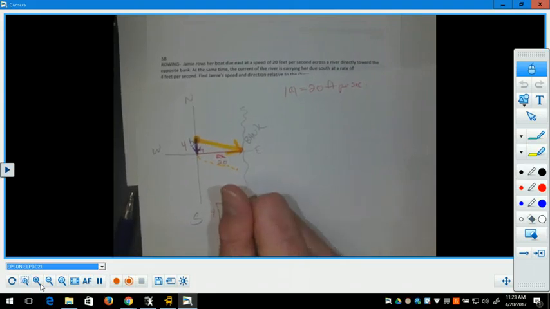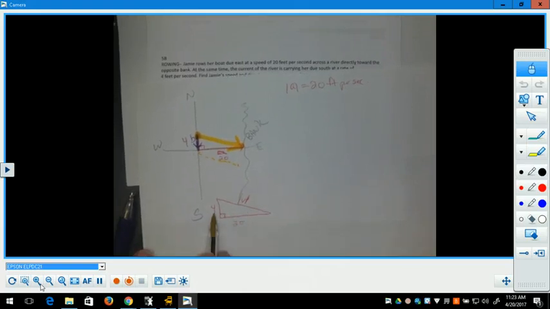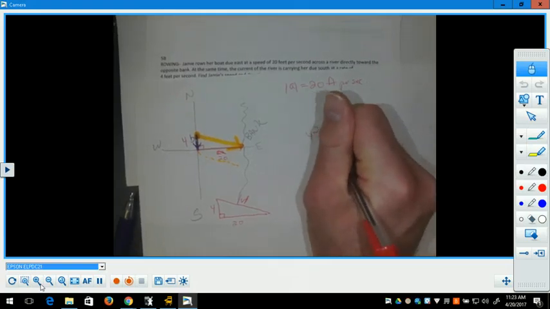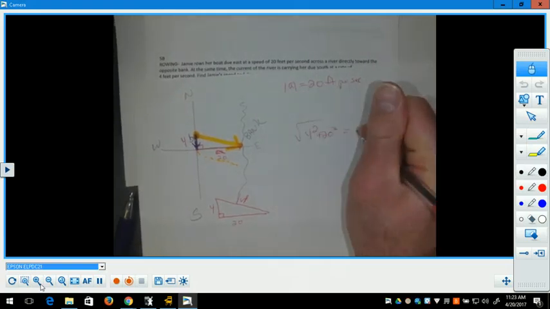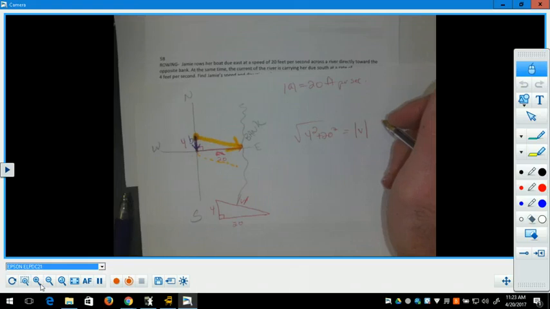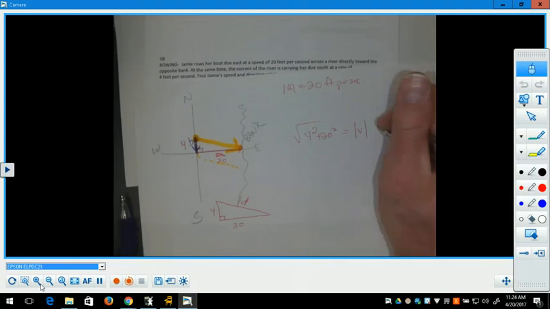We need to know what the magnitude is over here. So I'm going to just use the Pythagorean theorem, 4 squared plus 20 squared, and take the square root to get the magnitude of the resultant vector. So 16 and 400, take the square root, is 20.39. So I'm going to write about 20 feet.